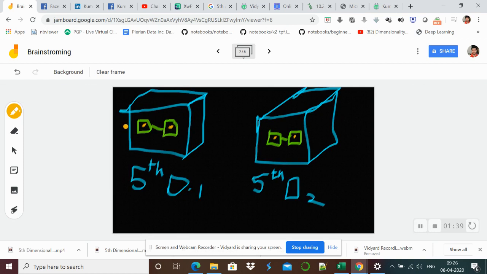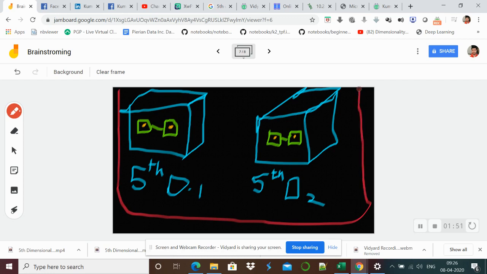Similarly, the sixth dimension is a single sixth dimension which contains fifth dimension components inside. If you see here, this is a fifth dimension one, and this is a fifth dimension two. Inside that, this is a fourth dimension, and inside that, the yellow dot is the third dimension.